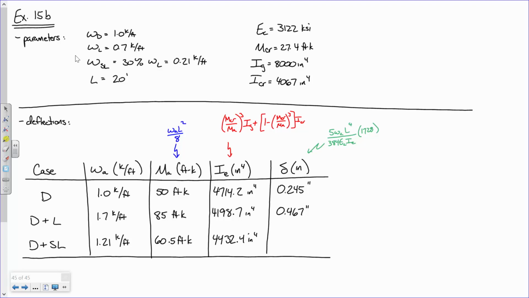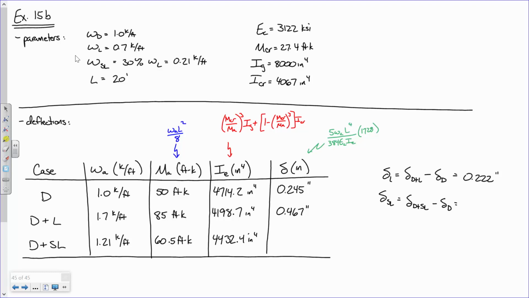So what are we getting for the next one? While we're at it, I can put over here on the side that the live load deflection is the dead plus the live minus the dead, and that came out to be 0.222, and then the sustained live is going to be the dead plus the sustained live minus the dead, and we'll see what that is here in a second.